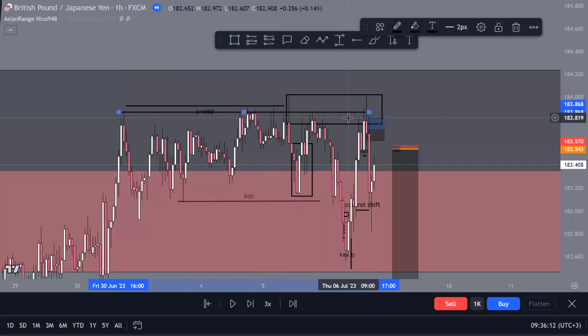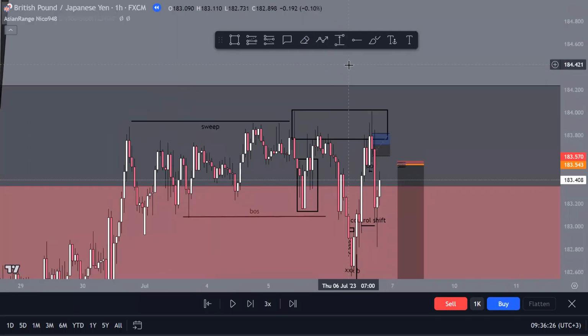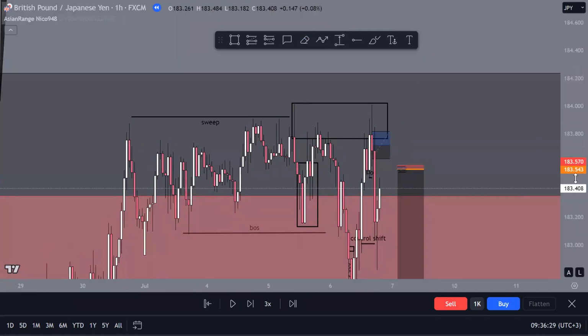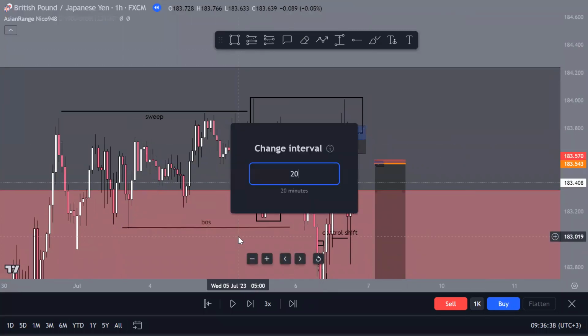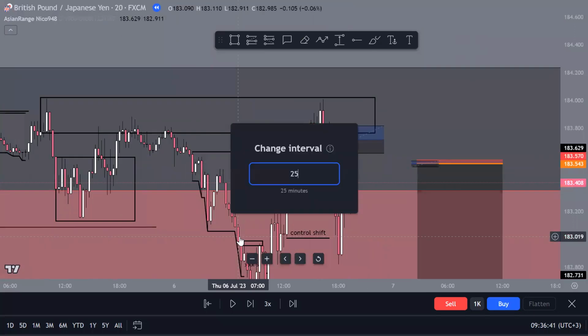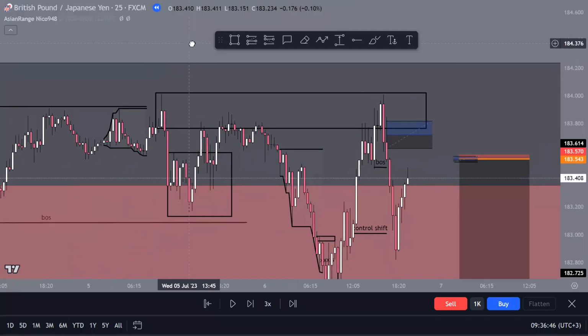So this to me was a zone of liquidity, and the market did what I expected, as per the books of smart money trading. This area was swept out, and we had breaker structures underneath. So dropping down onto the 25 minutes time frame, I had a neat area of supply that I built up my bias on.